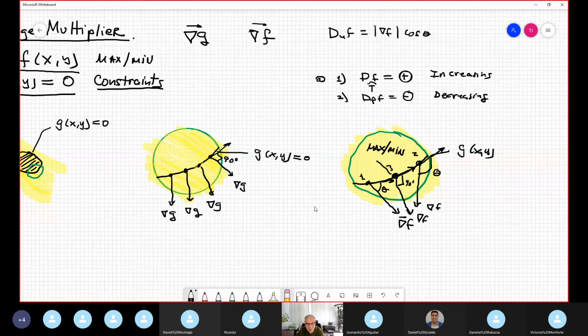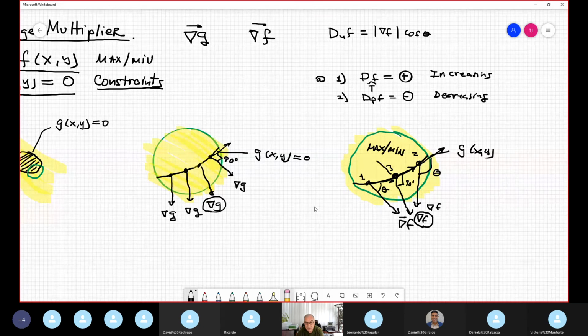So what is the relationship? We discovered one fantastic property. The fantastic property is that at the point where the function is maximum or minimum, the gradient of the function is parallel to the gradient of the boundary.